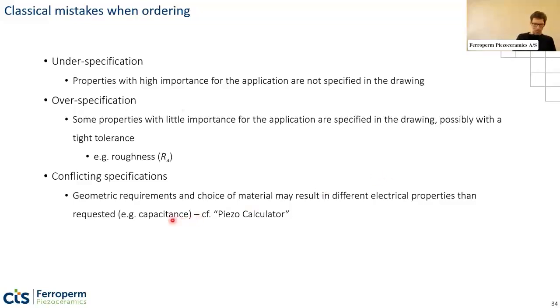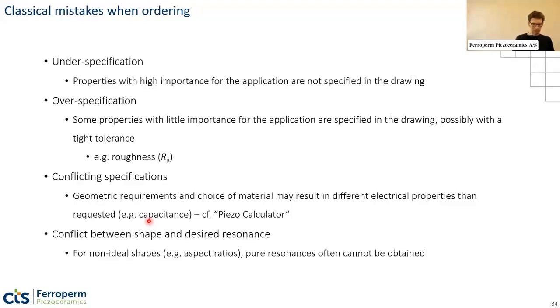So, for example, specifying specific dimensions may not be compatible to a specific capacitance, because the capacitance is really governed by the dimensions and the dielectric constant, also called relative permittivity of the material. And we have what we call the piezo calculator that can help you actually see what comes out of a specific material choice in a specific geometry.